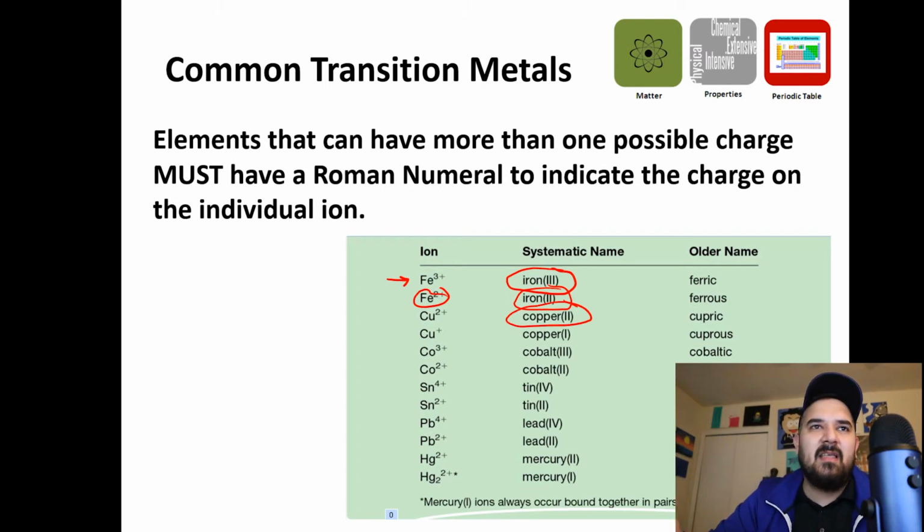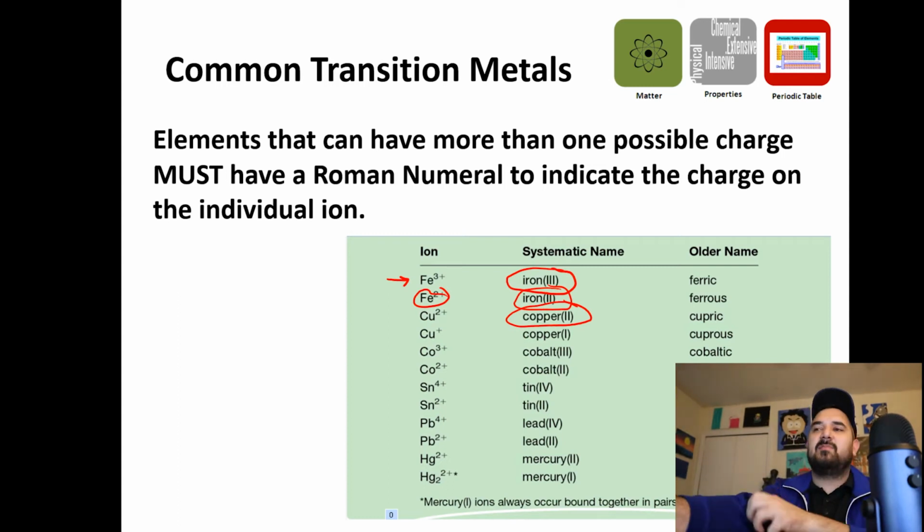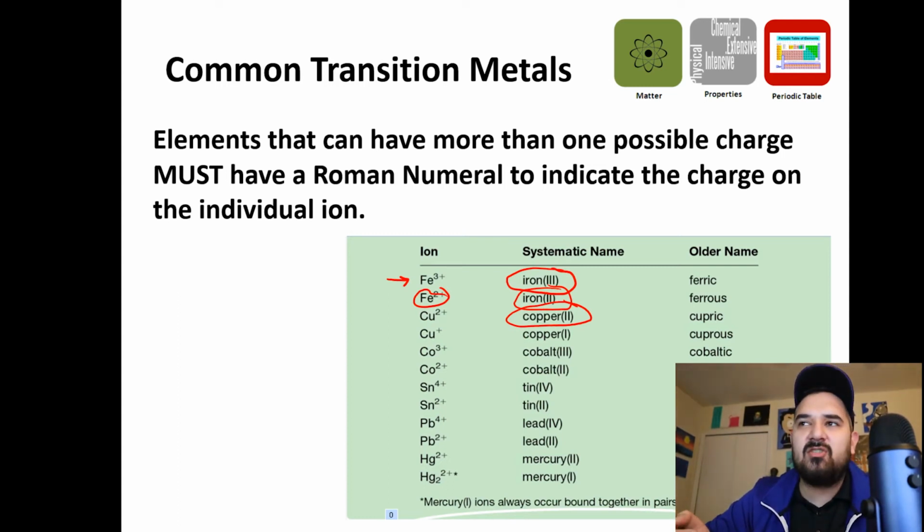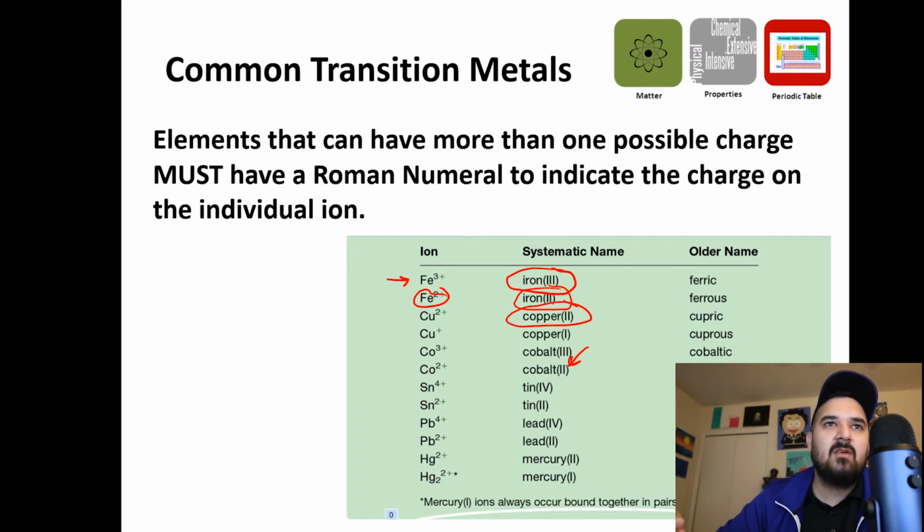That's basically it. That's what differentiates the transition metals. And the only way to know the charge on a transition metal is to either look at it written out like this and see what's put in the parentheses, or to do the math that I just showed you. You have to know what it's bonded with, because what it's bonded to definitely has a known charge. Transition metals aren't going to be bonded with each other.